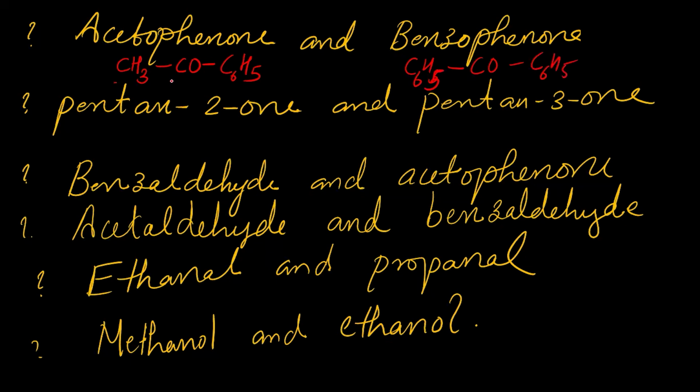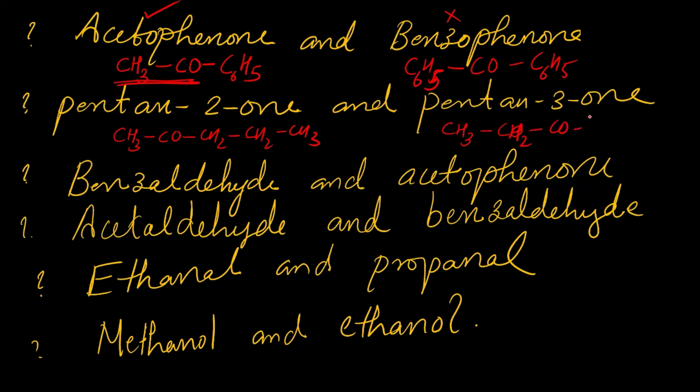So acetophenone will give the haloform test, while benzophenone will not. Then pentan-2-one and pentan-3-one. Pentan-2-one is CH3COCH2CH2CH3, and pentan-3-one is CH3CH2COCH2CH3. Pentan-2-one has this group, so it will give the test, and pentan-3-one won't.